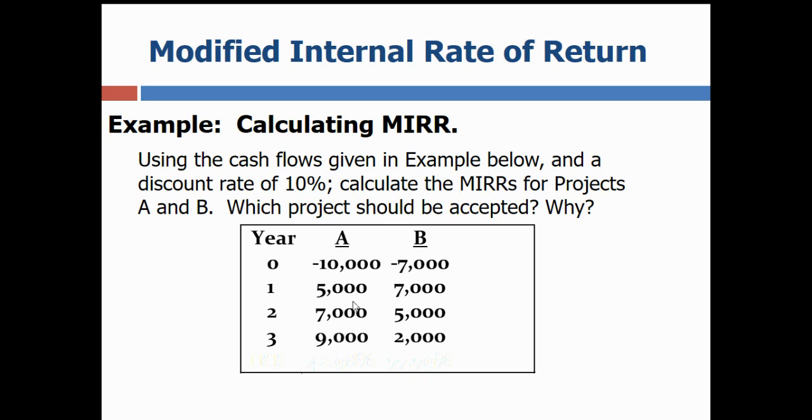Alright, so class, why don't you do this? 7,000 times 1.1 power of 2 plus 5,000 times 1.1 plus 2,000.